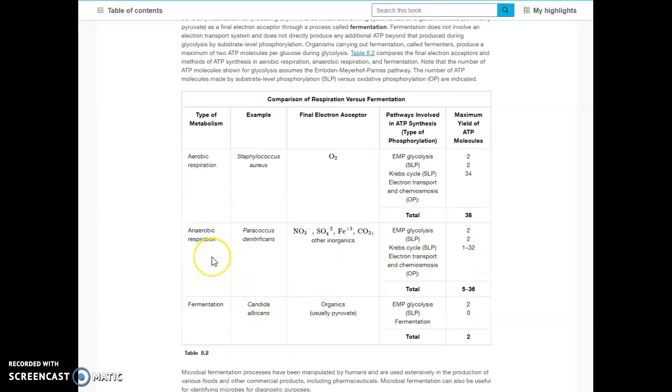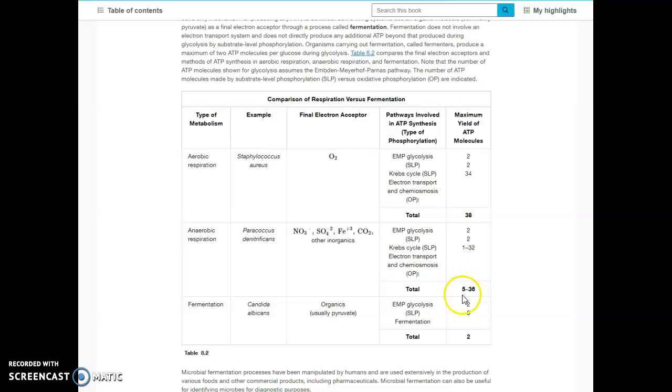In anaerobic respiration, when oxygen is not the final electron acceptor, when we're using some other type of inorganic molecule like nitrogen or iron, we're still going to get the 2 ATP from glycolysis and the 2 from the Krebs cycle, but the number of ATP that are generated in the electron transport chain varies.